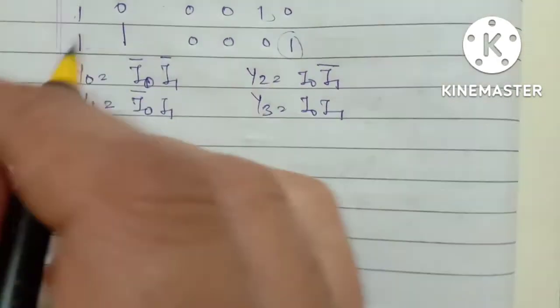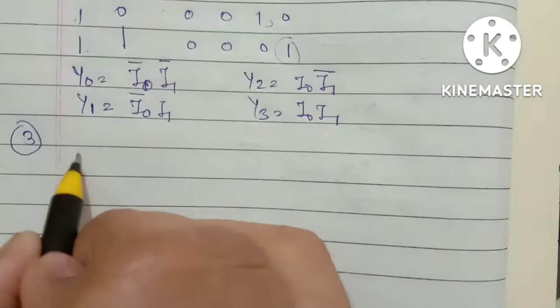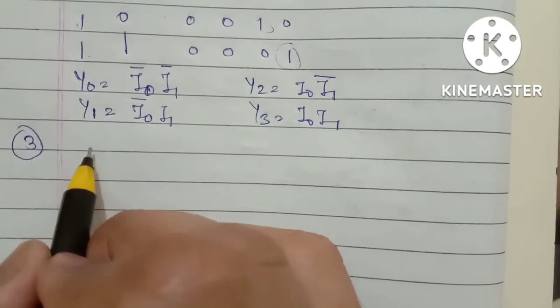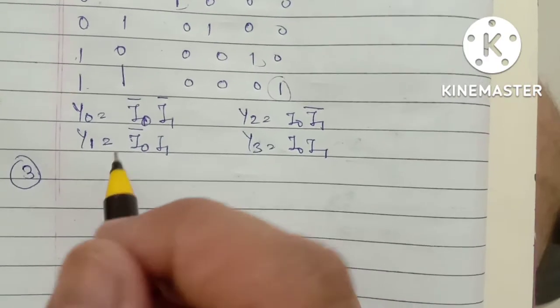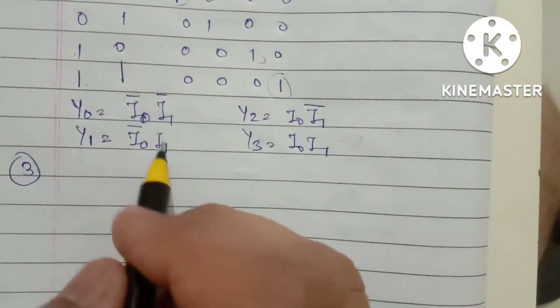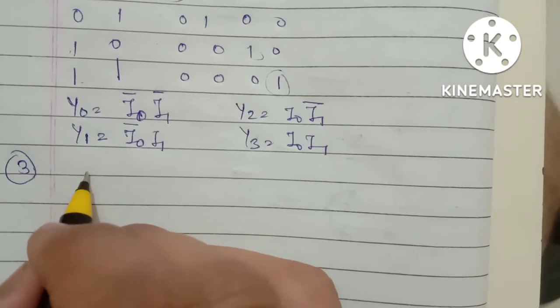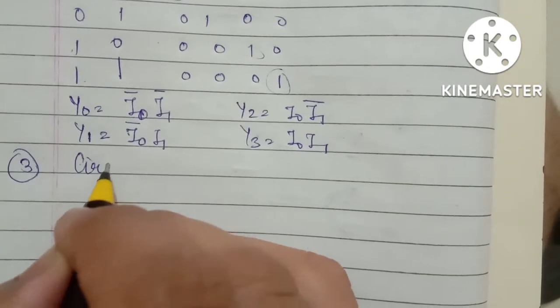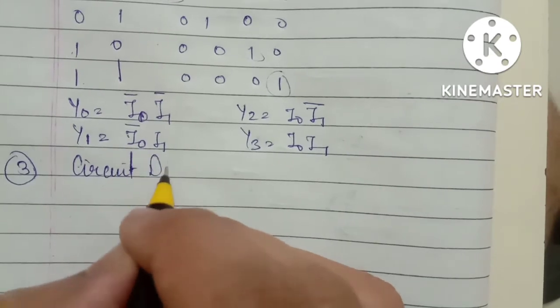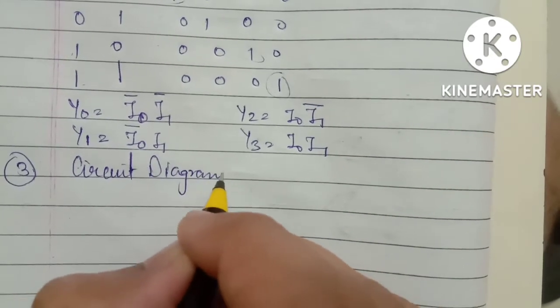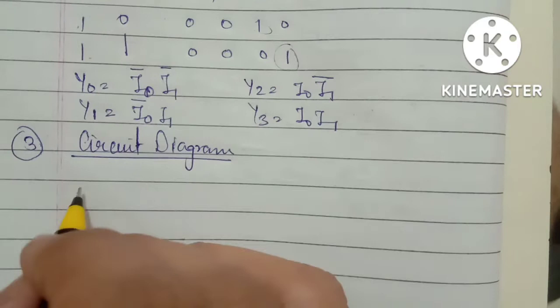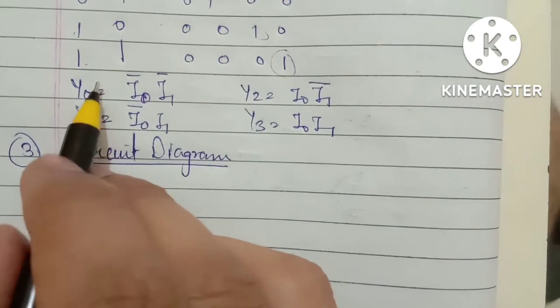Now according to this we can draw the circuit diagram. The circuit diagram is simple, nothing more is there. You just need to take NOT gates, and I will draw one diagram. Suppose Y0 is the output.